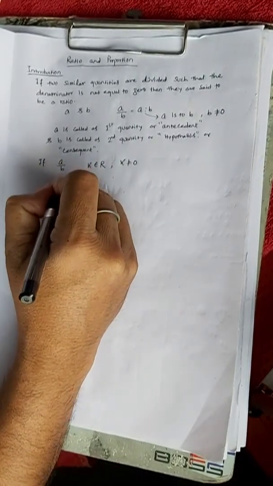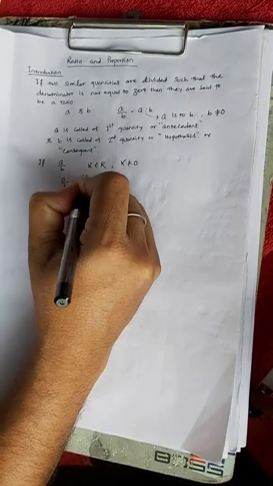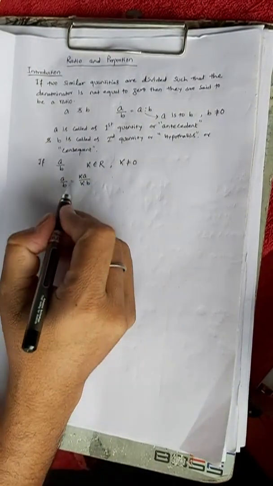It means we can write A by B is equal to K into A by K into B. The ratio is unchanged. Maybe the numbers will appear different, but the ratio is not going to change. As I have written here, K belongs to R, it means K can be anything. Similarly, if you divide, then also it is not going to change.